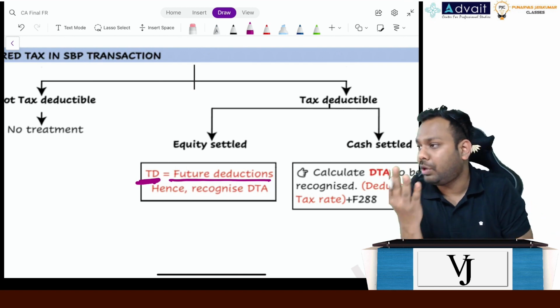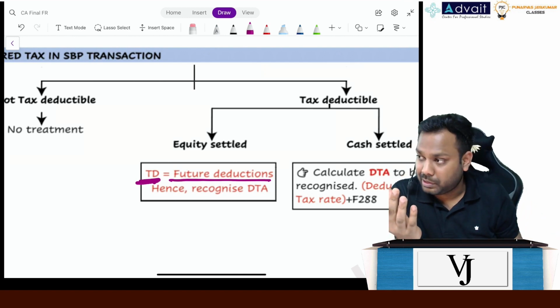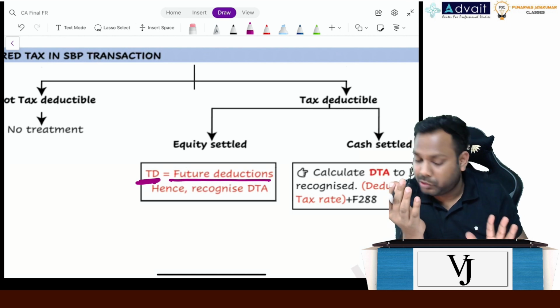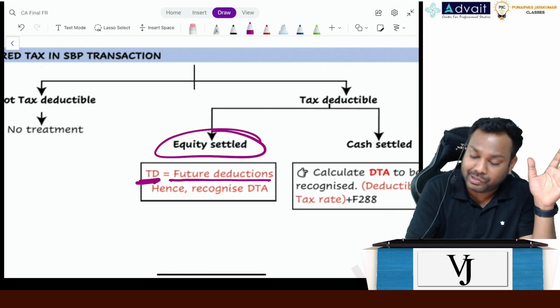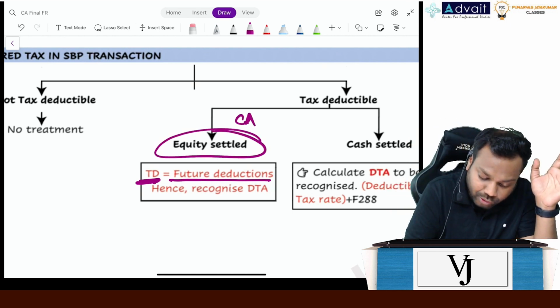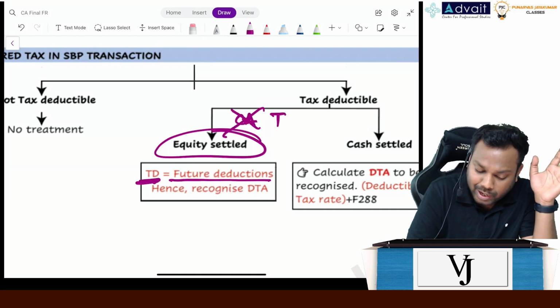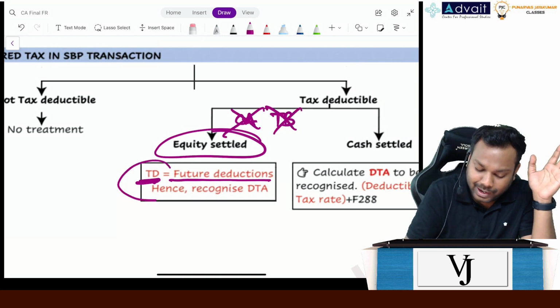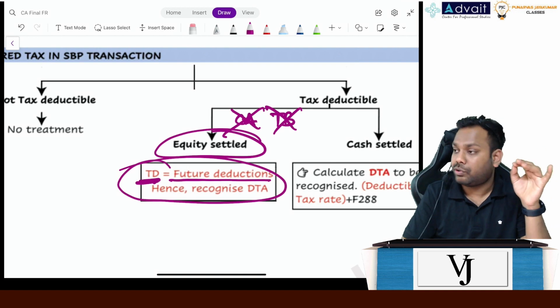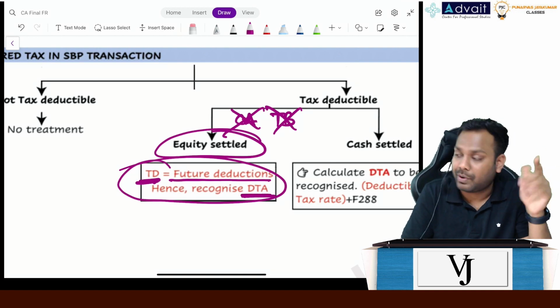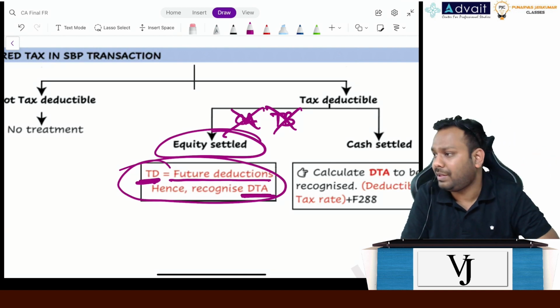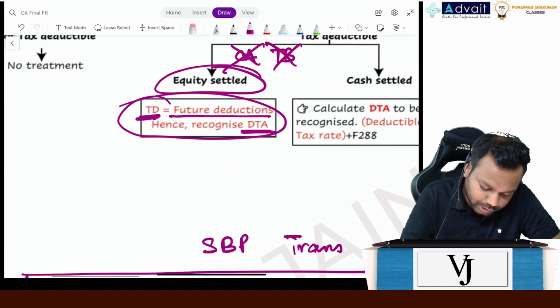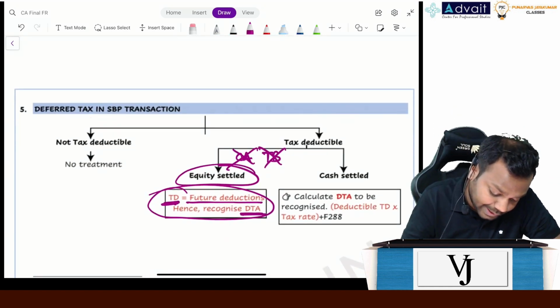Whatever is the future deduction that you will get from this transaction is your temporary difference. So basically, for an equity settled which is tax deductible, you are not required to calculate carrying amount. You are not required to calculate tax base. Directly, standard gives you this one. The temporary difference is equal to future deductions, and you have to recognize the deferred tax asset of that. Is that clear, everyone? That's all from a share-based payment as well.